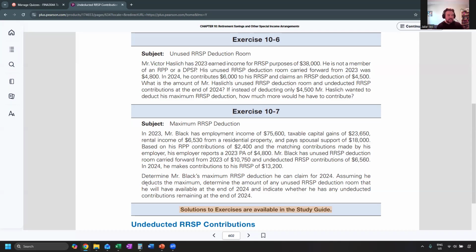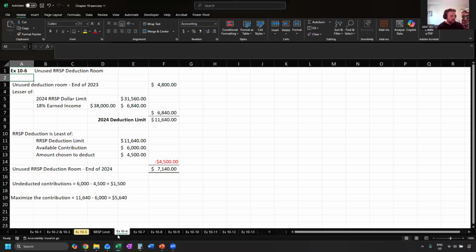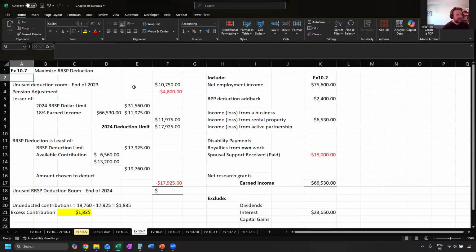Let's assume he deducts the maximum, and we'll determine any unused RSP deduction room that will still be available at the end of 2024. So for the first thing we need to do is calculate earned income, like we saw in exercise 2.